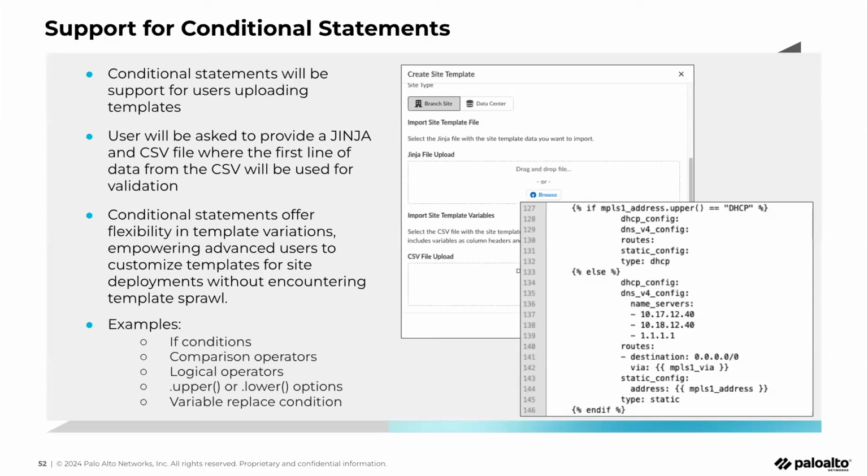These are just additional conditional statements that you can leverage in order to make it easier for you to manage these variations and still leverage a single template, or even the ability to reduce the number of variables that you might need to provide to get the same outcome of that template. So this will be there in 641. You can basically export the template, add in whatever conditional statements you want, and re-upload that into the UI, and then start leveraging that for deployments.